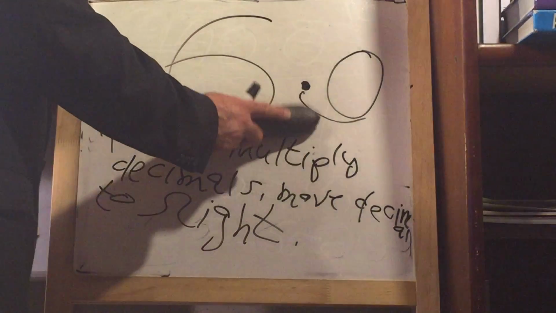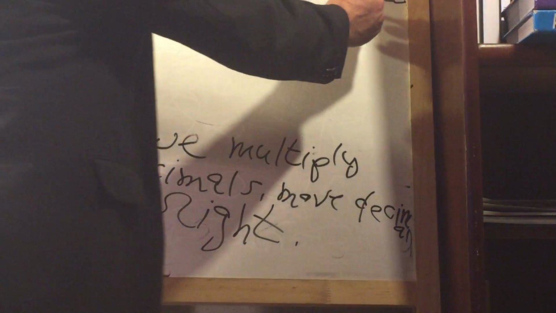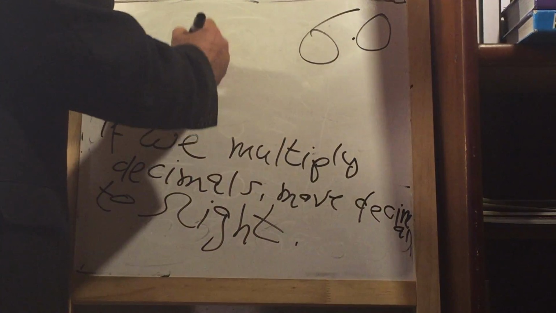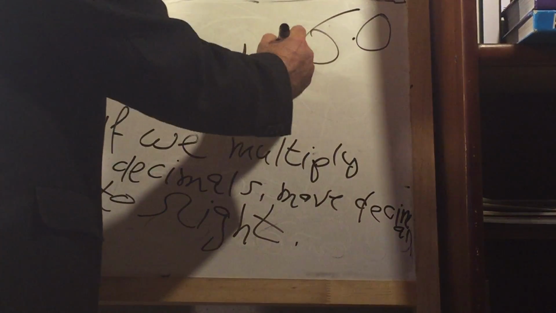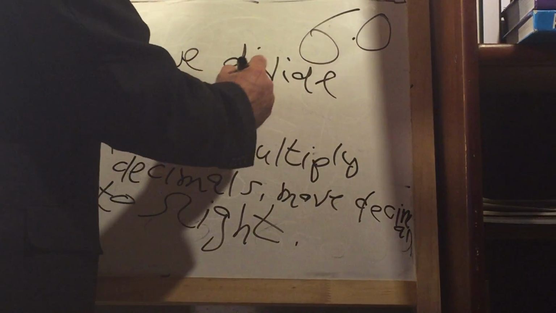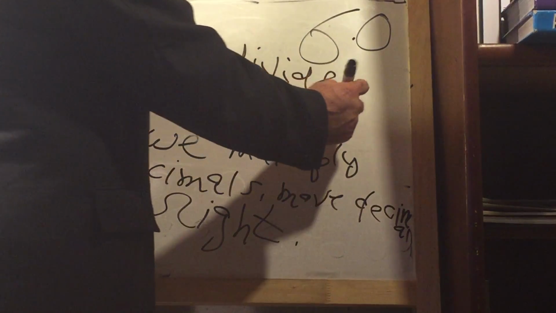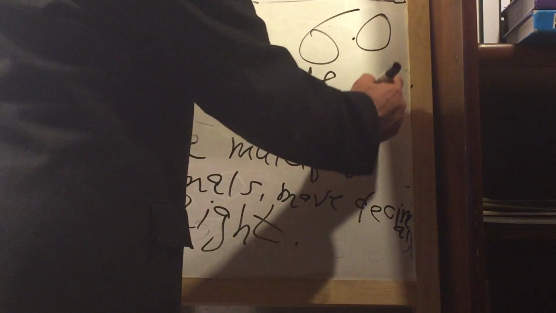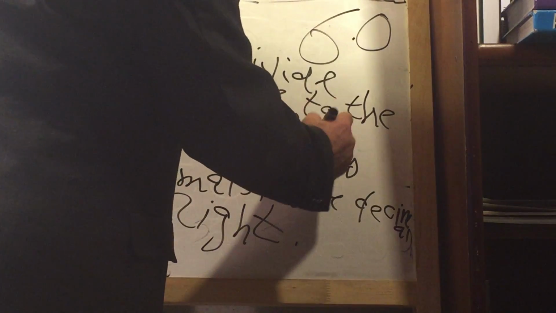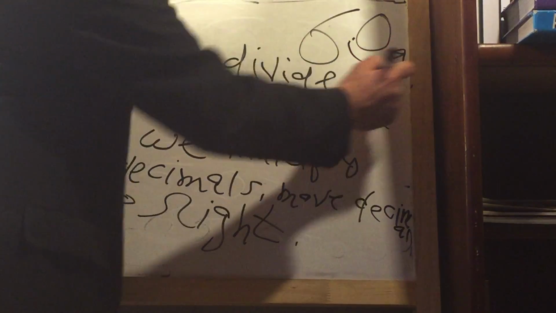Now, if we multiply decimals, move the decimal point to the right. Multiply, you move it to the right. If we divide, we move it to the left. If we divide, we move the decimal point to the left. So multiply, we move to the right.